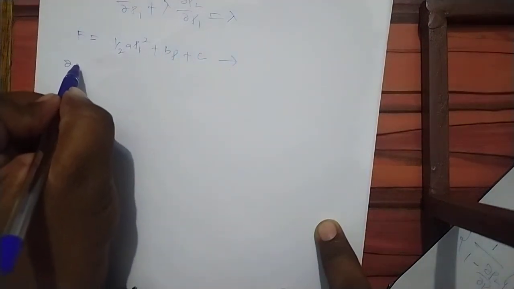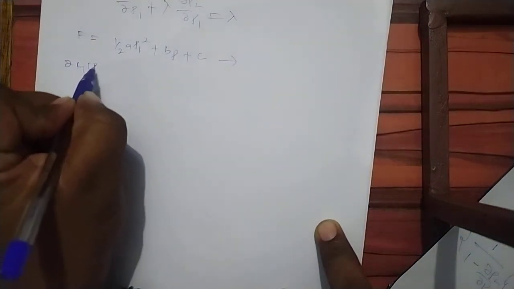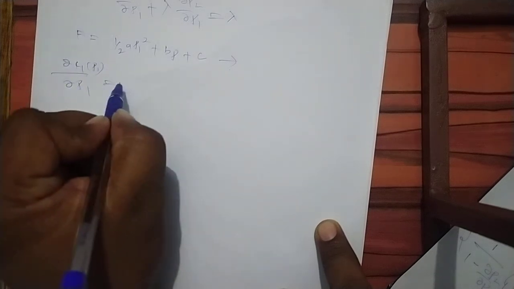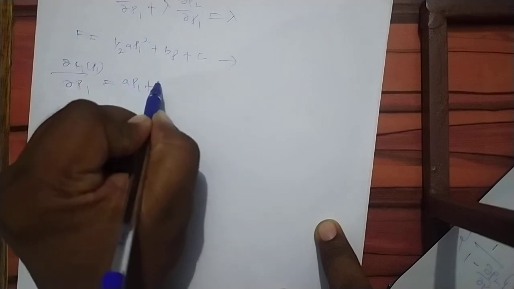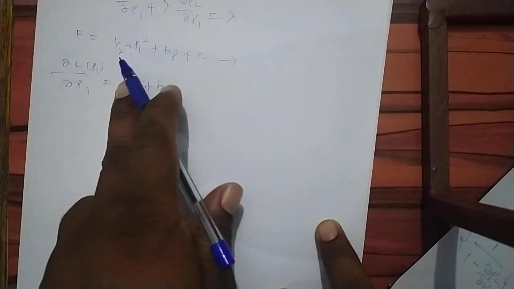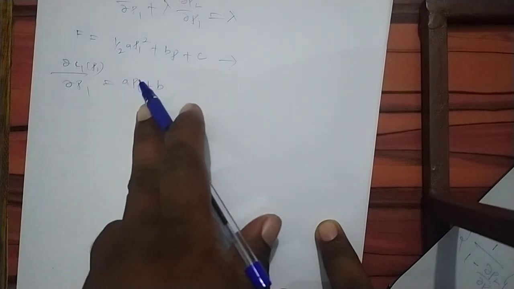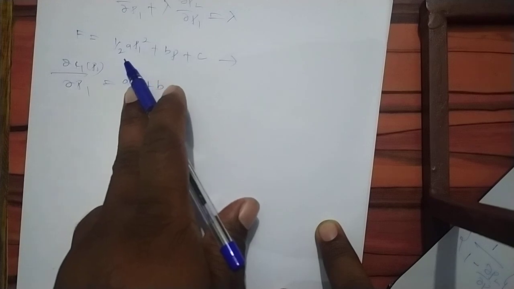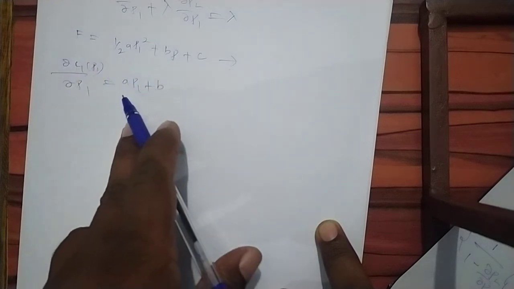Then the incremental cost, dou C1 divided by dou P1, is a P1 plus b: the differentiation of half a P1 square is 2P1, so 2 into 1 by 2, the 2 gets cancelled, giving a P1.